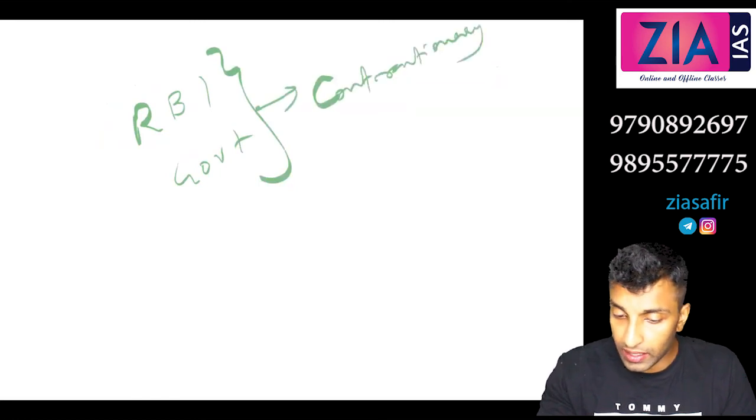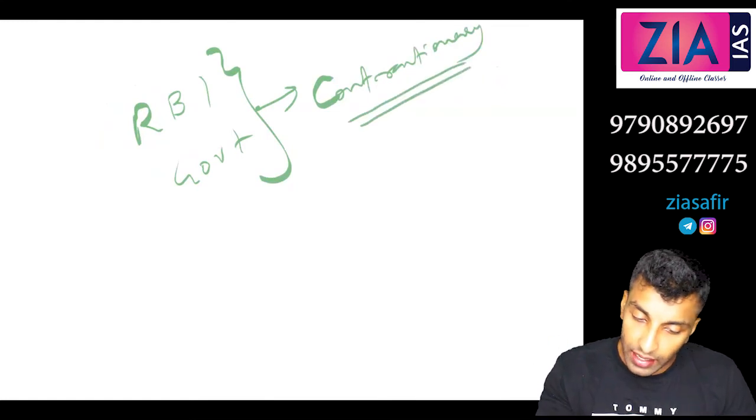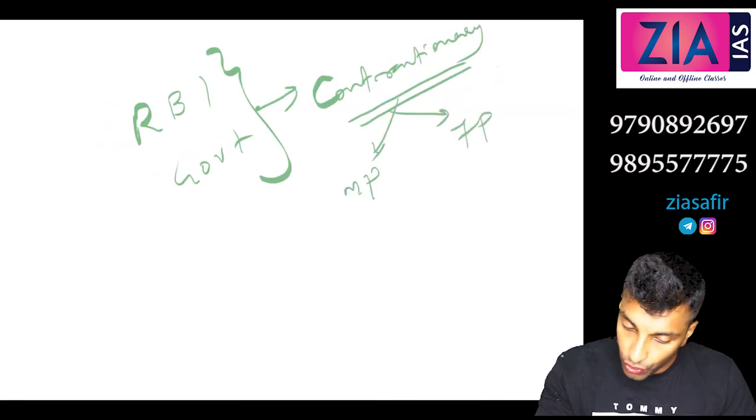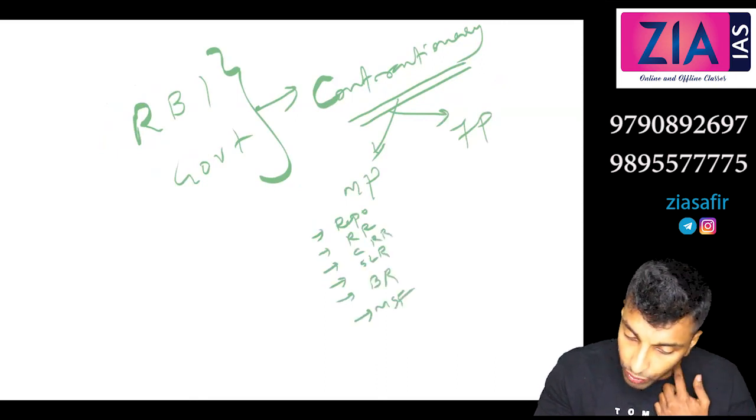But this is not directly fixing the price. In contractionary policy there are monetary policy and fiscal policy. You know what the monetary policy tools available with RBI are? Repo, reverse repo, CRR, SLR, bank rate, MSF. These are the policy tools.